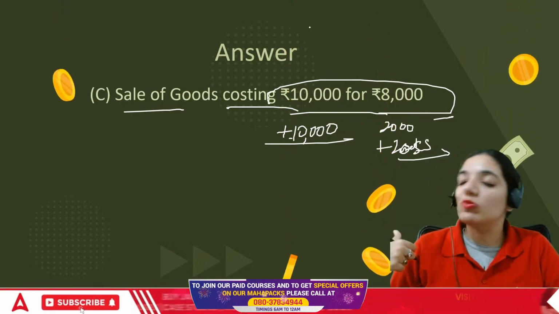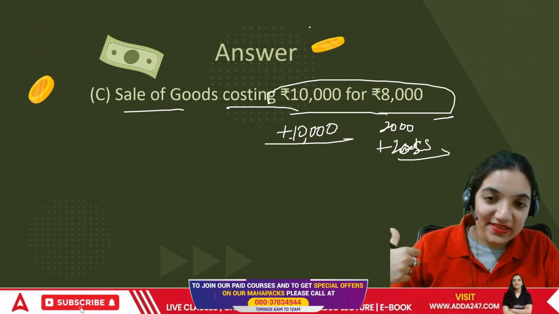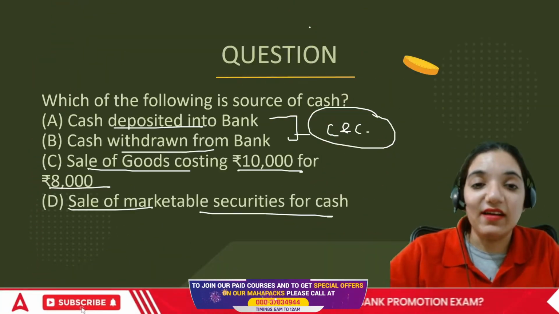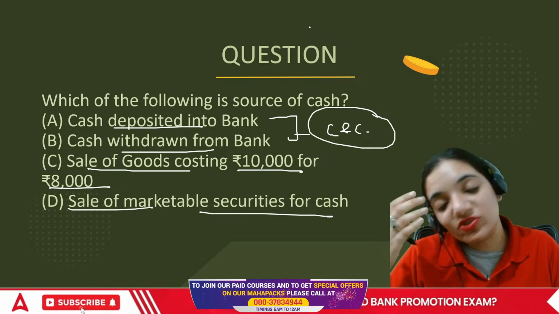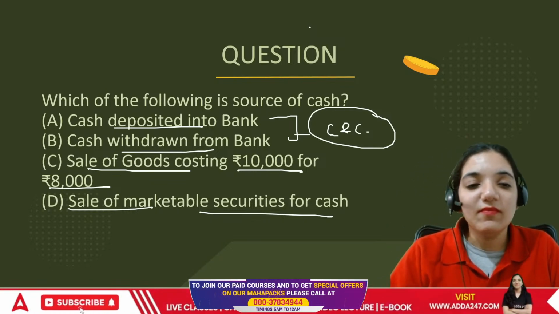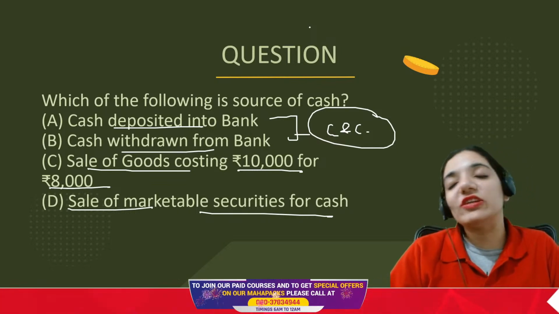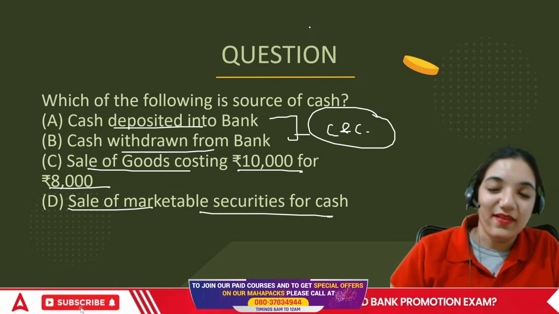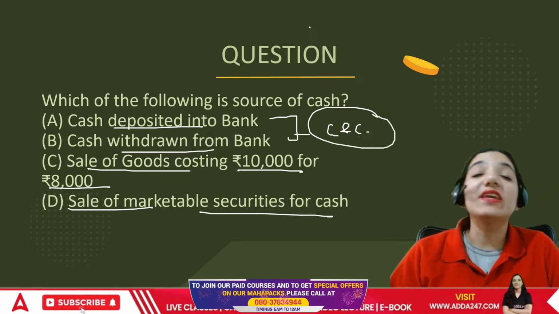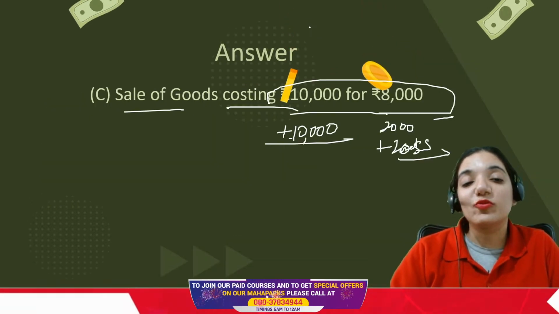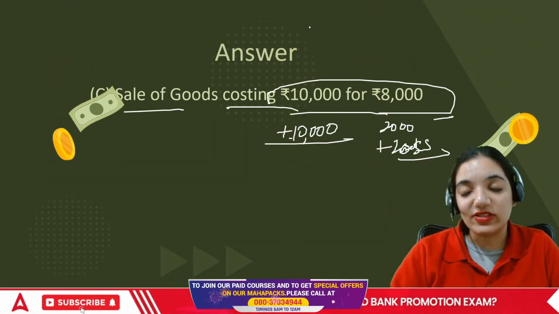That means we sold it for 8,000. Now this 8,000 that we are receiving is still money that we are receiving now. The question is basically a source of cash. From where are you going to get the cash? Because in other areas, we are just changing the form from cash to marketable securities or marketable securities to bank. That's not something which we can say is an inflow of money. So in this case, it would be sale of goods costing 10,000 for 8,000.